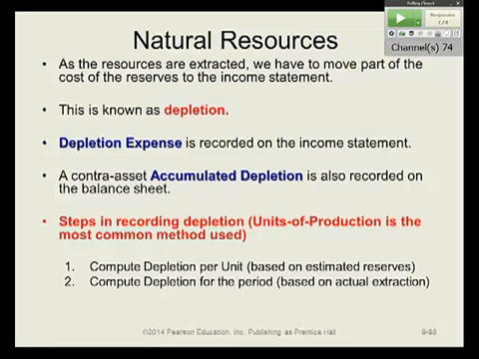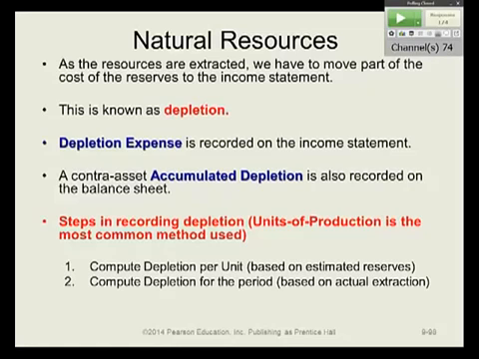So we would use the depletion expense rather than depreciation expense. And again, on the exam, watch the language really carefully. Make sure you don't use depreciation when you have a natural resource. It's got to be depletion. And there's a contra asset, which is known as accumulated depletion, and it operates the same way.